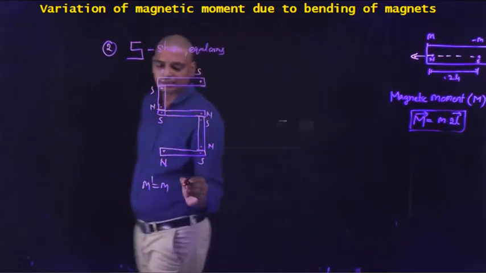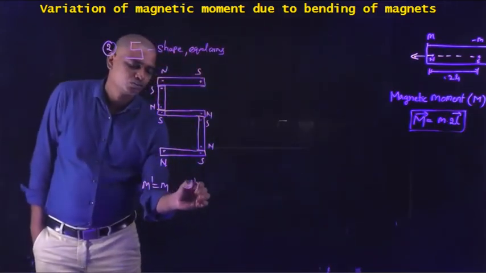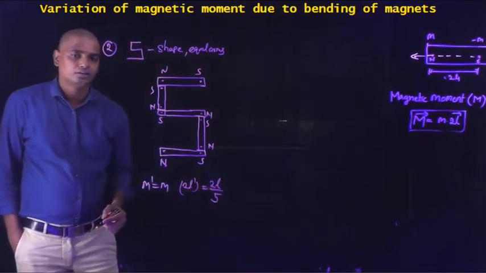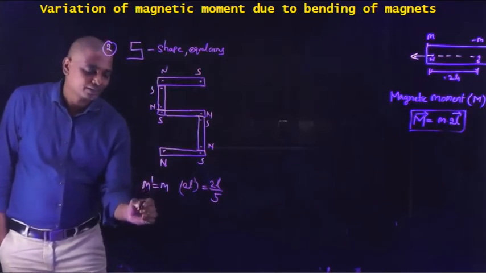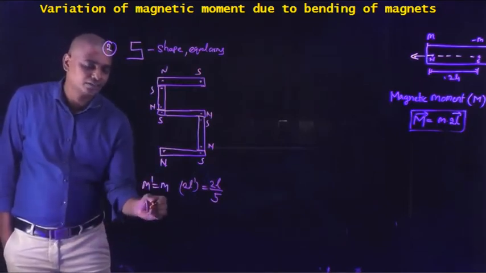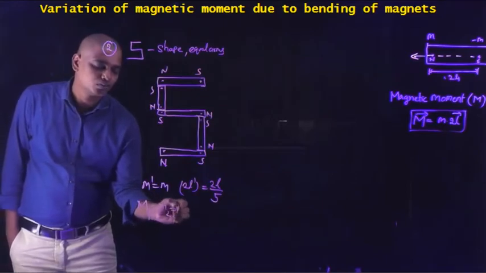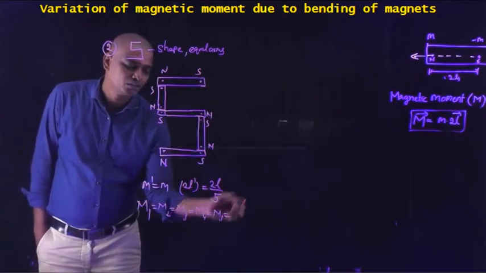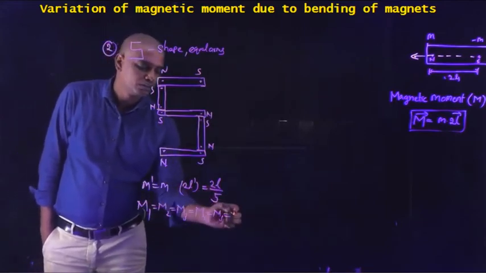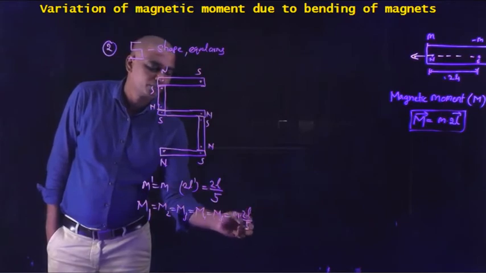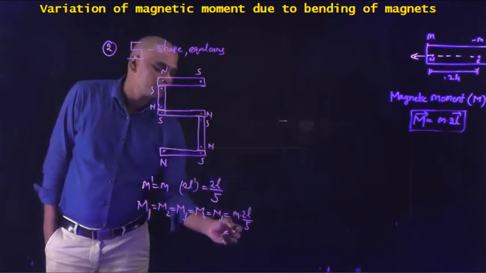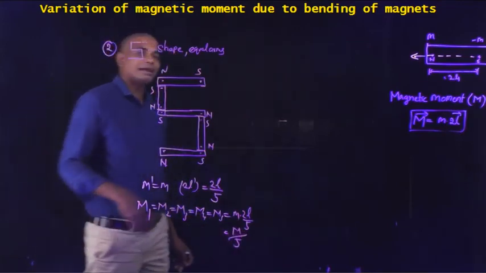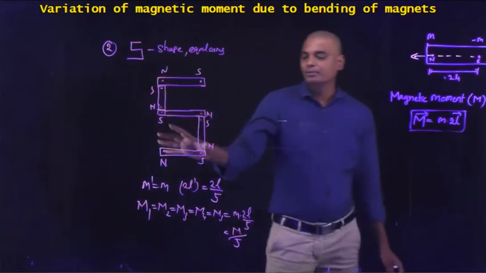So the new magnetic length 2l dash is equal to 2l by 5. Therefore the magnetic dipole moment for each segment, m1 equal to m2 equal to m3 equal to m4 equal to m5, is equal to m into 2l by 5. As m into 2l is the dipole moment of the bar magnet, capital M, by 5. So the magnetic dipole moment of each arm in the S shape is M by 5.